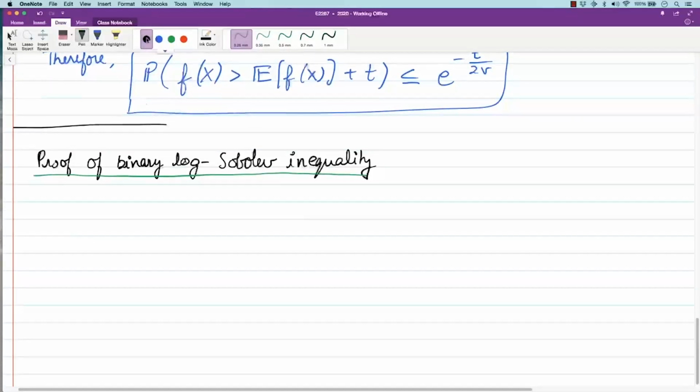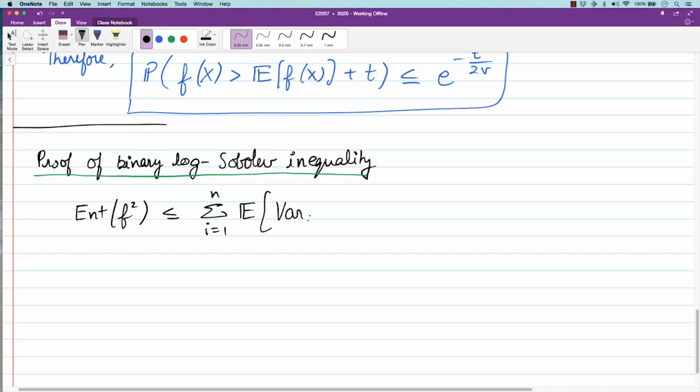We have to show that the entropy of f square is less than or equal to the summation i equal to 1 to n of the expected value of the variance given everything but the ith coordinate of f. Okay, that's what we have to show.